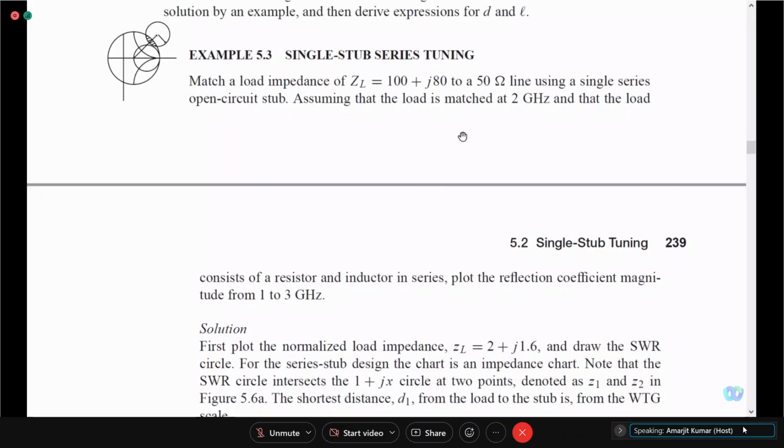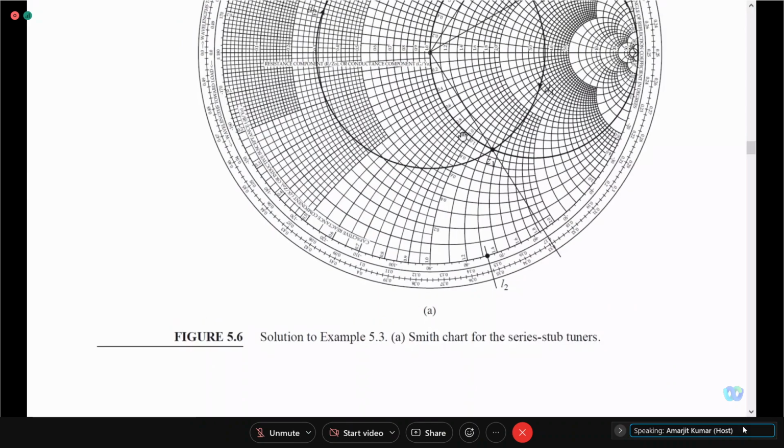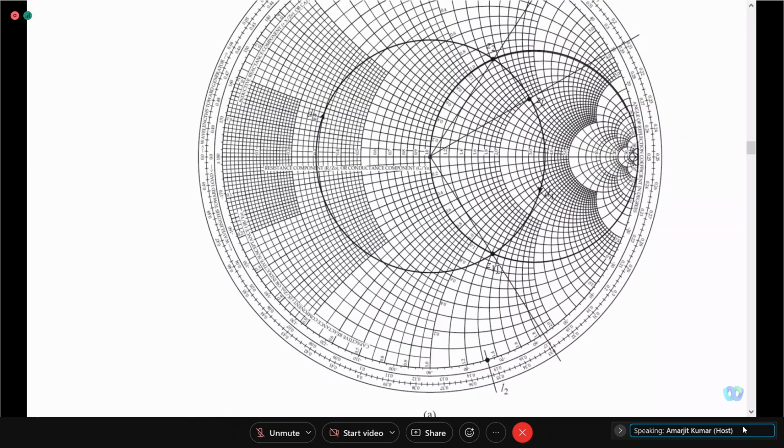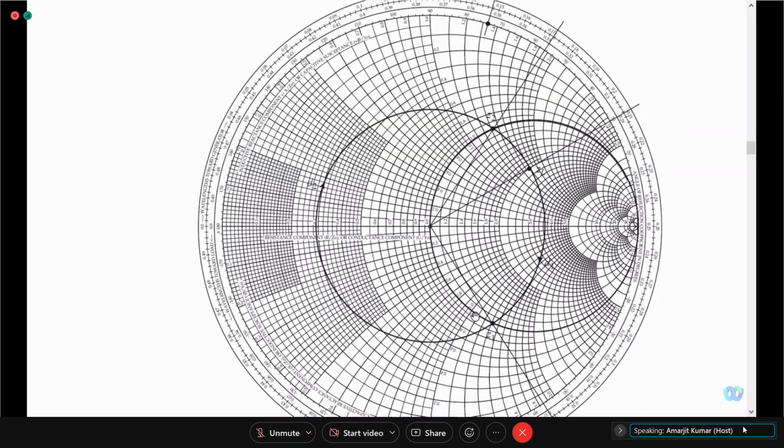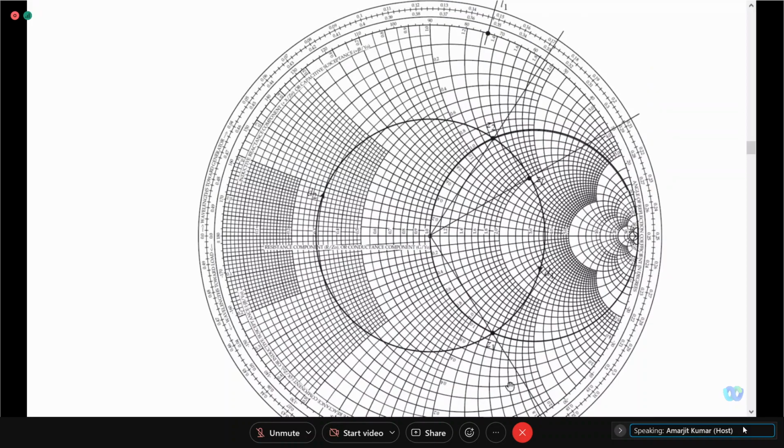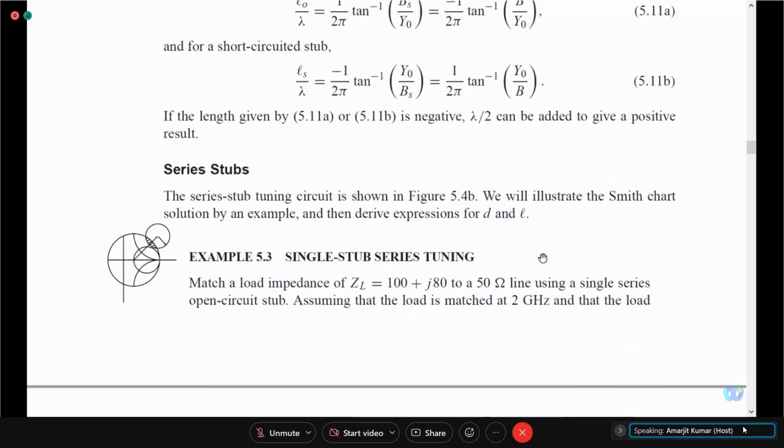Come here. Locate ZL. So where is 2? R is equal to 2 is here. And where is J 1.6? ZL normalized is equal to 2 plus J 1.6.